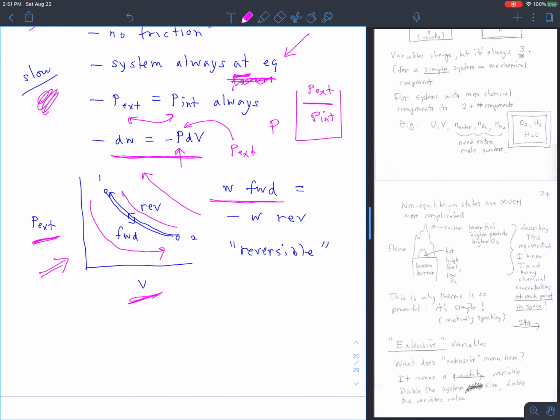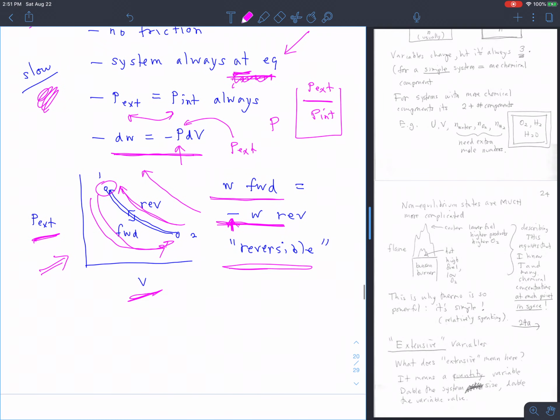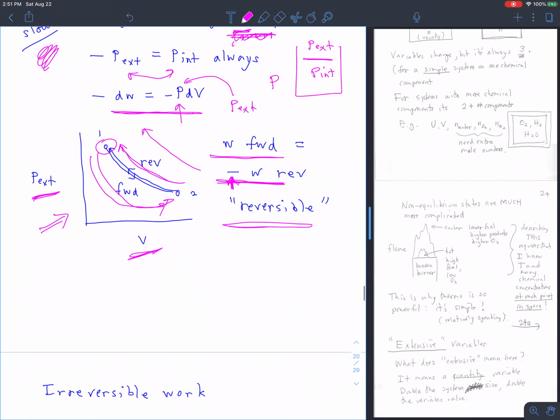And that means that the work that I do on the way back will just be the negative of the work that I did on the way forward. And there'll be no net work change if I return back to my original state. So if I start at 1, go to 2, and then start at 2 and go back to 1 by reversible processes both ways, I'll have done no net work overall. There'll be no energy change overall. That's a reversible process. That's what it means to say that the process is reversible.